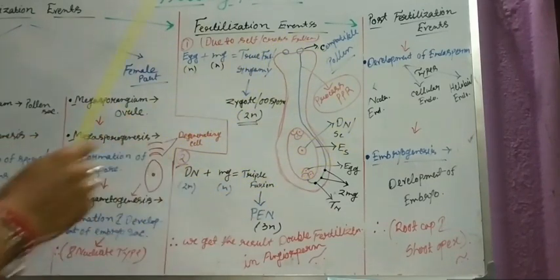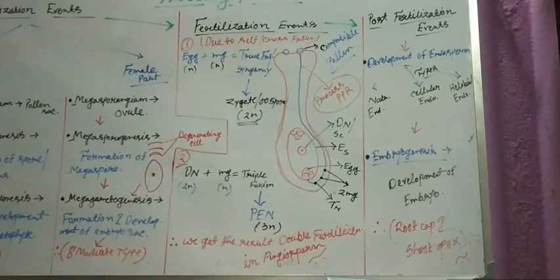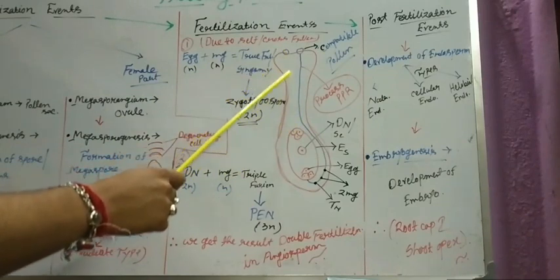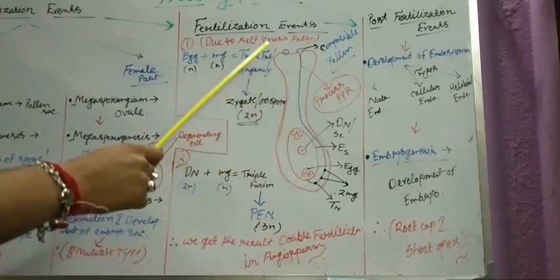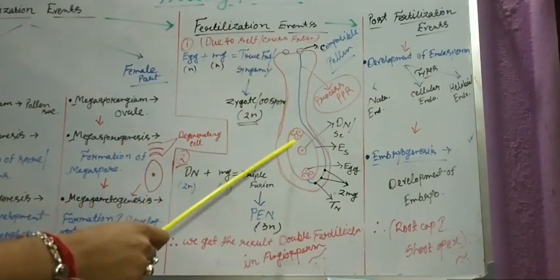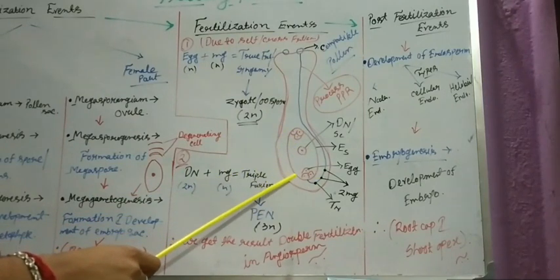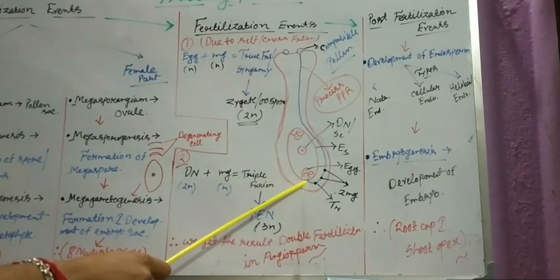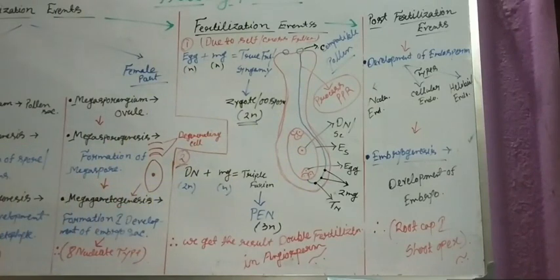Pollen grains germinate, and the pollen tube elongates and grows down through the style towards the ovule.